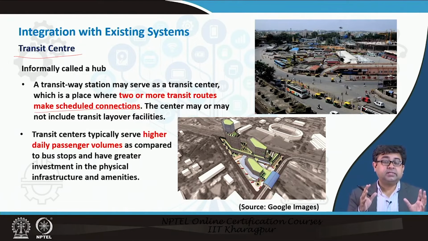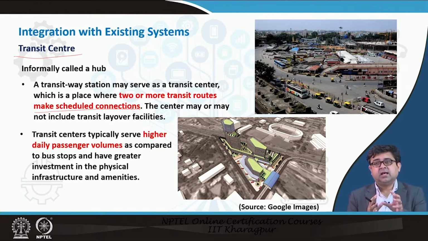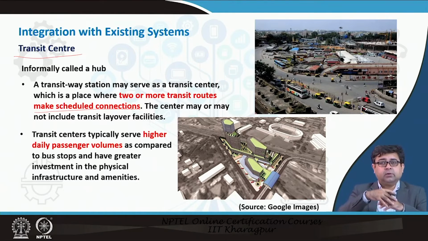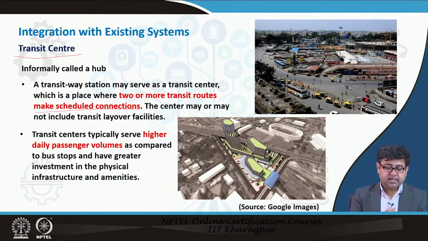These are large centers, large pieces of infrastructure which need a lot of land. Once people arrive from a smaller city at this transit hub by bus, they wait a considerable amount of time before the scheduled departure of their train from the same hub. These usually serve higher daily passenger volumes, and require a larger passenger waiting area, because passengers will be waiting for a longer period of time.